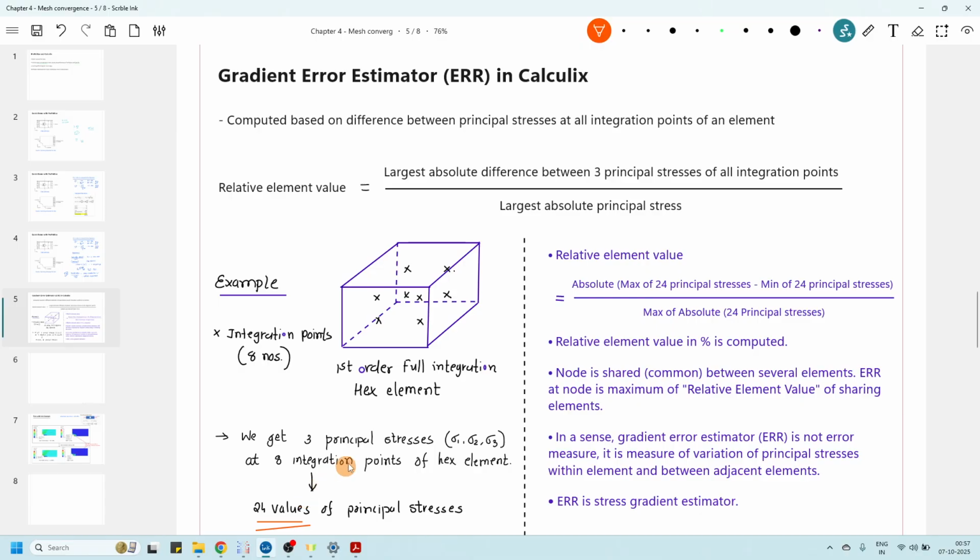So let's see how ERR is computed. So first, relative element value. The numerator is absolute of difference between maximum and minimum of 24 principal stresses for this element.